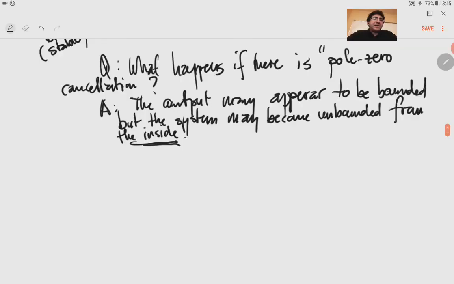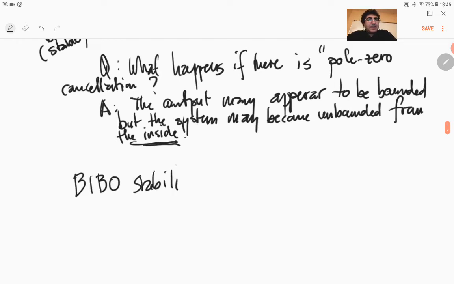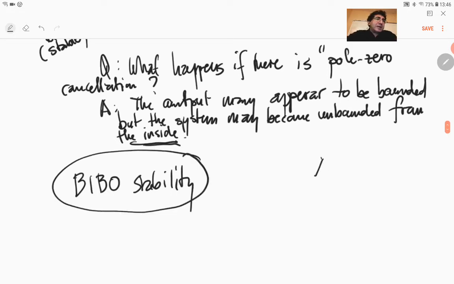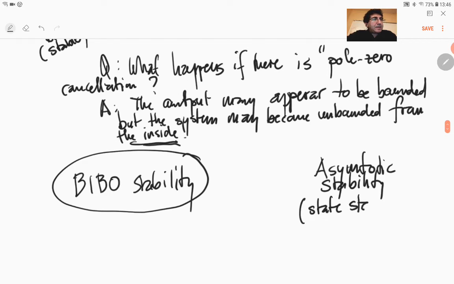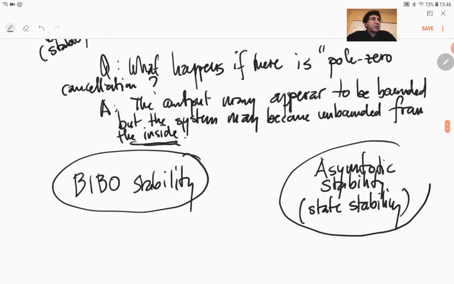So as I said, we have these two concepts, the bounded input, bounded output stability on one side, and also state stability, also known as asymptotic stability, which is essentially a stronger condition.